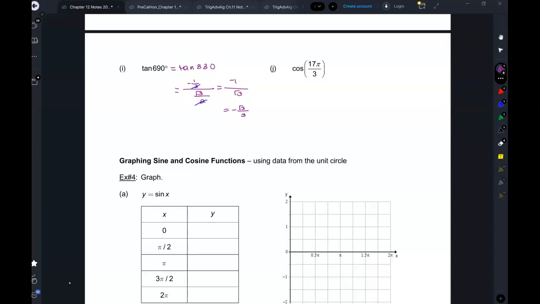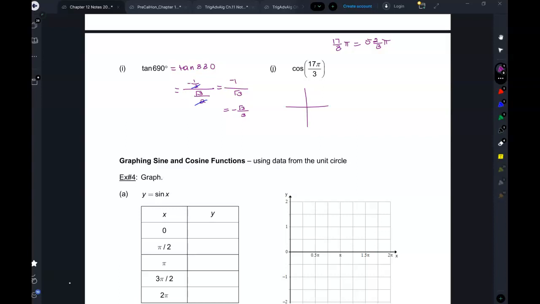So here's one way of doing it. So this is 5 and 2 pi over 3, right? If you put it in mixed numbers, 5 and 2/3 pi. So look. Let's do this. 2 pi, 4 pi, 5 pi, and another 2/3 pi puts me in the fourth quadrant.